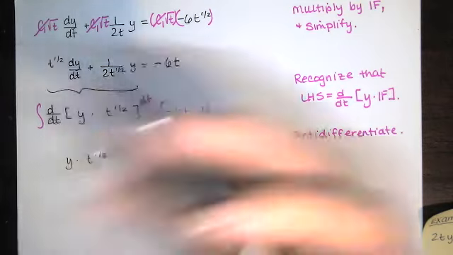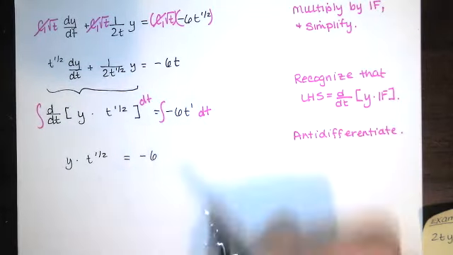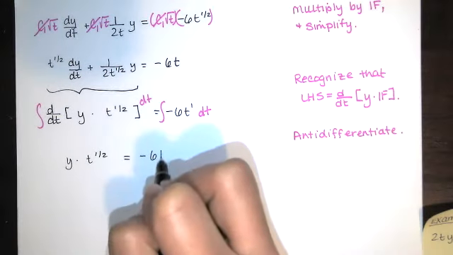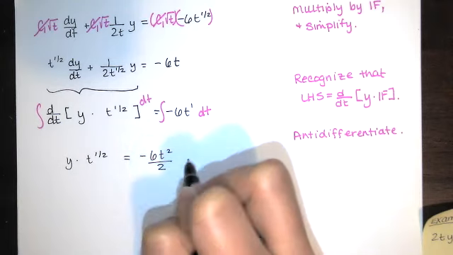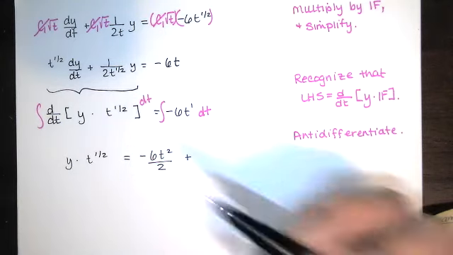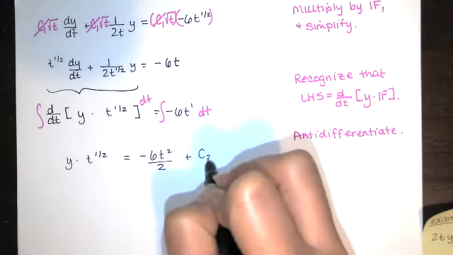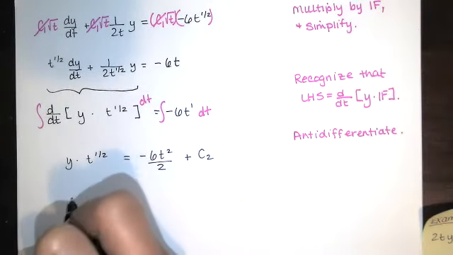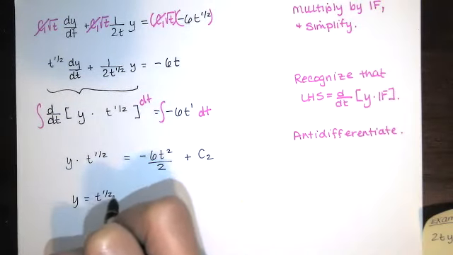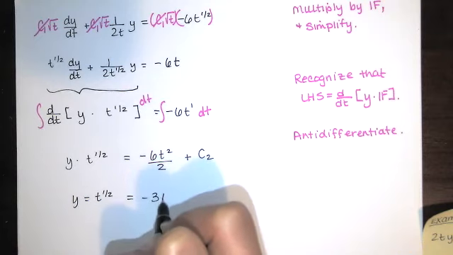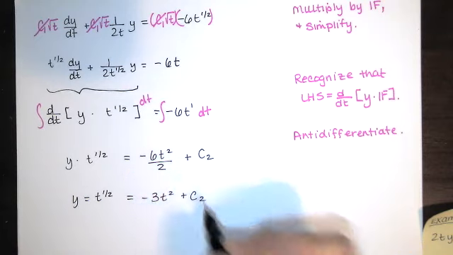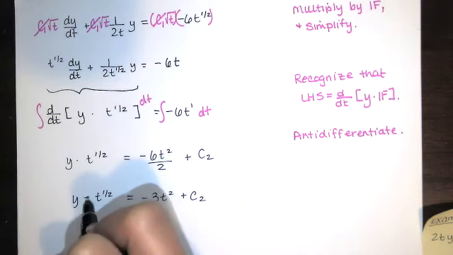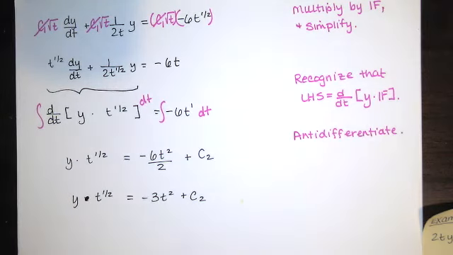The antiderivative of -6t to the first: bring that negative 6 down, add 1 to the exponent, divide by the new exponent, add a constant. We already used c and c1, let's use c2. Of course, we can simplify that. Oops, it's multiplication, not equals.